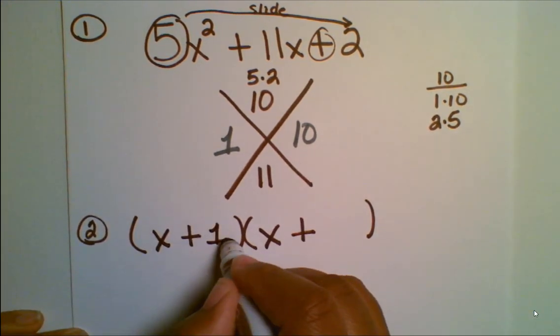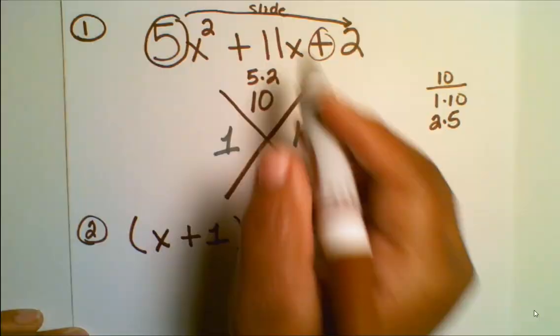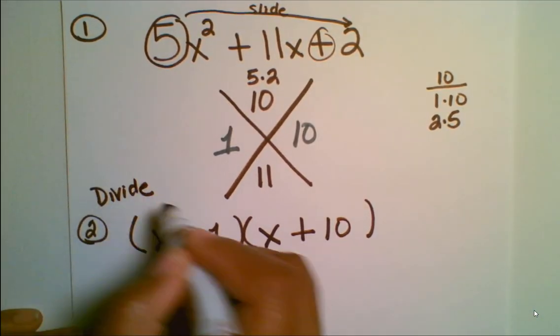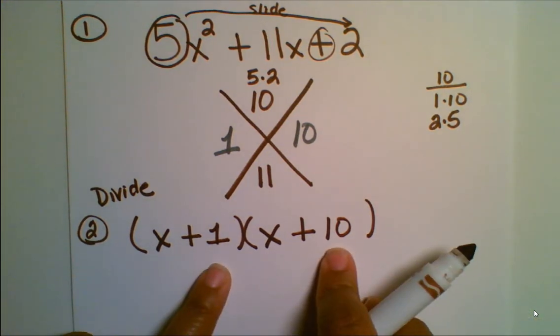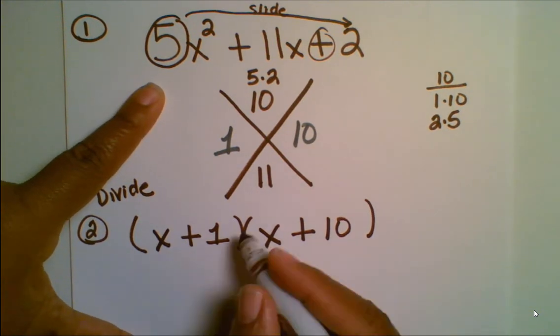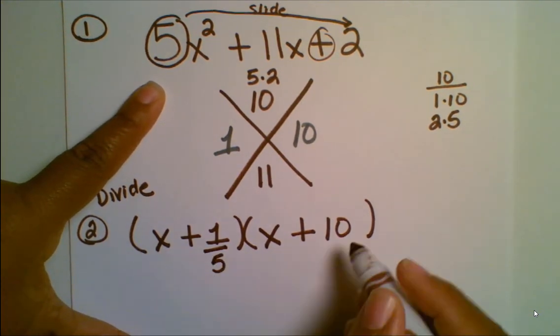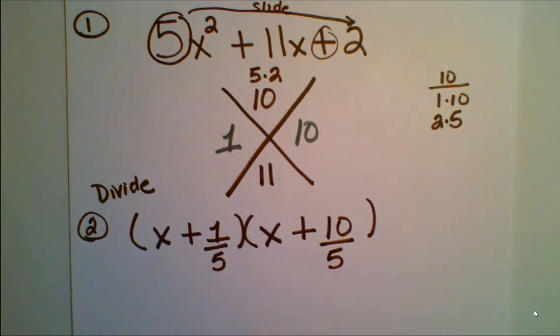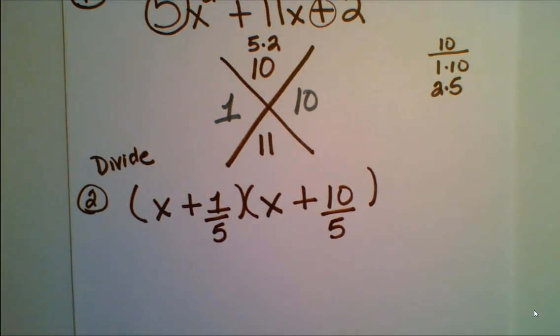We use 1 and 10. So we slide. Now we're going to divide. Your focus will be on the last term. Take the leading coefficient, which is 5, and I want you to divide it into the last term. That's what we're doing.